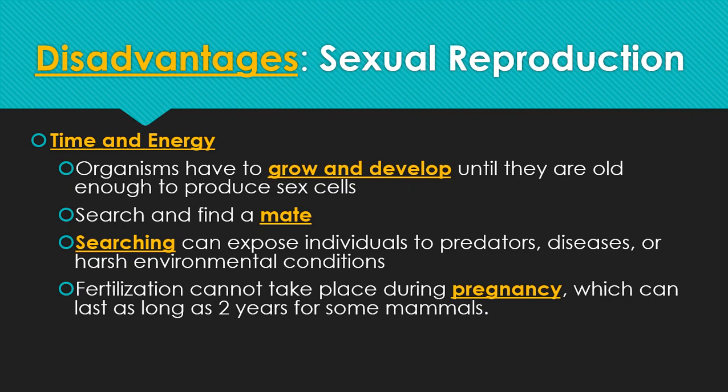Matagal mag-develop yung baby, until they are old enough to produce sex cells. Yung baby mong yun, hindi yun magre-reproduce unless matured na siya. Halimbawa, mga age of 14 or 13 years. So medyo matagal ang sexual reproduction for some kind of organisms.